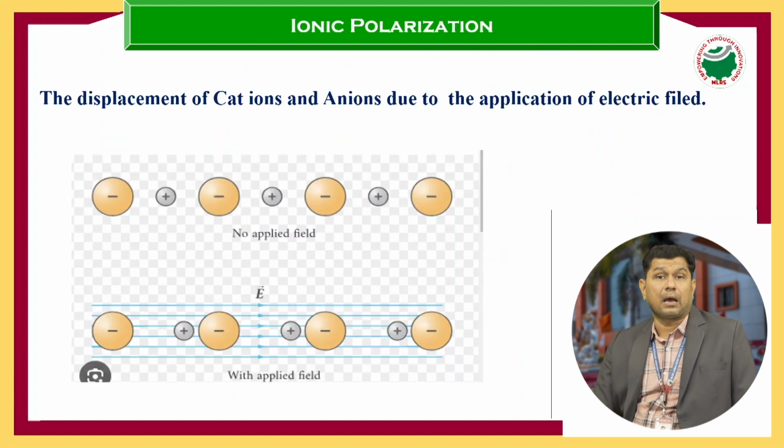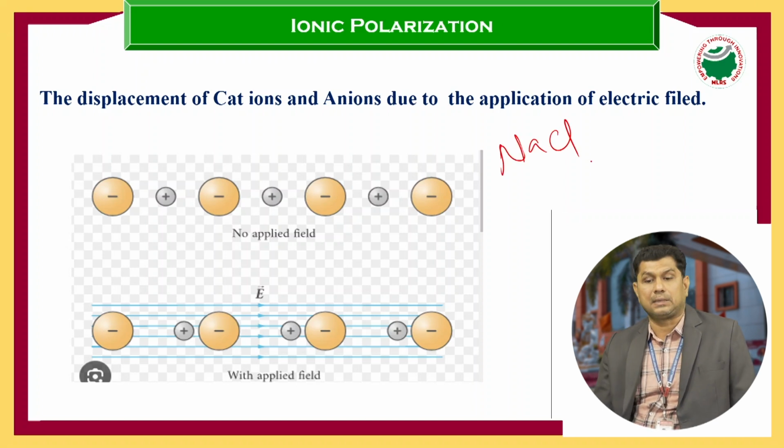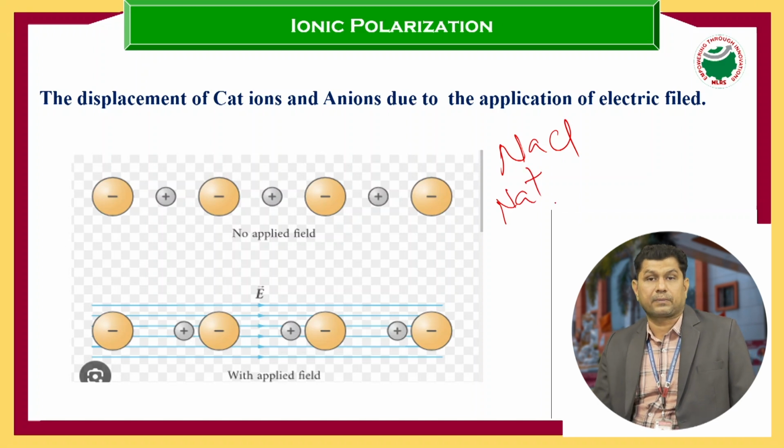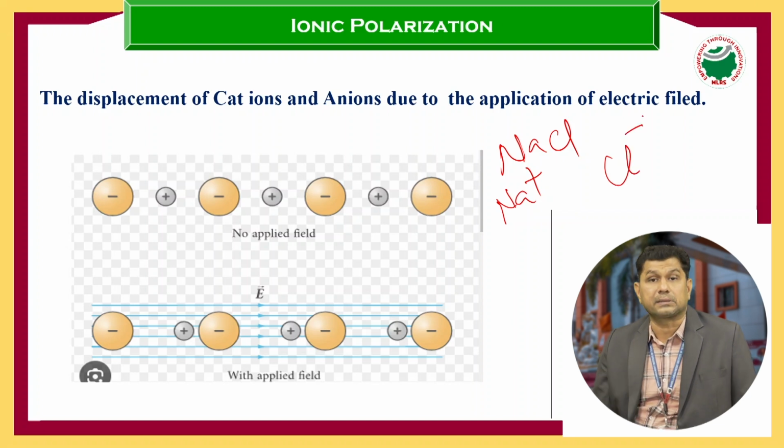Coming to second one, ionic polarization. So ionic polarization takes place in ionic crystals. What are the examples of ionic crystals? Simply NaCl. Here Na ion, Na plus, loses one electron to gain inert gas configuration. Cl minus, its atomic number is 17, so 7 valency electrons are there.